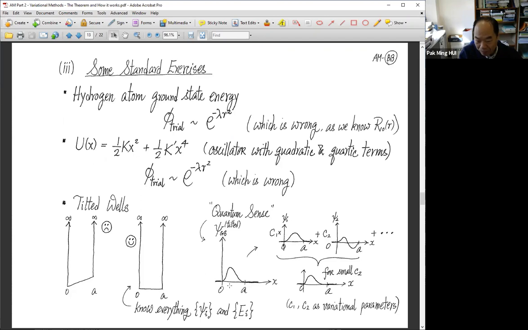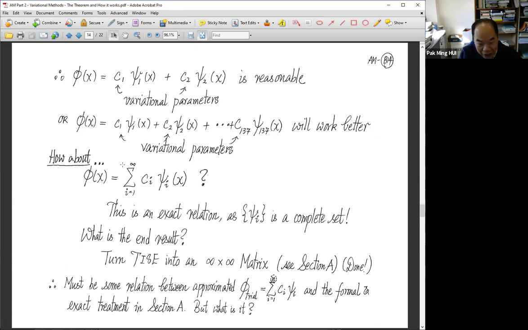For this problem, if we take the infinitely many eigenstates of this known problem and do a linear combination of them, it will be an exact expansion for the eigenstate of this problem. Okay, so if we are sufficiently ambitious and write down something like this to infinity, suddenly it becomes our first discussion last week, writing the Hamiltonian as a huge matrix problem.